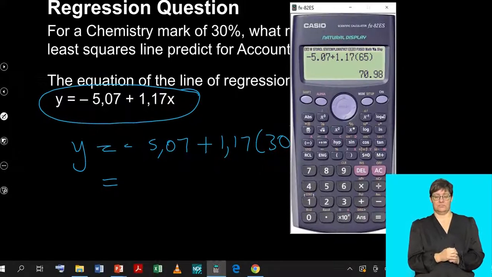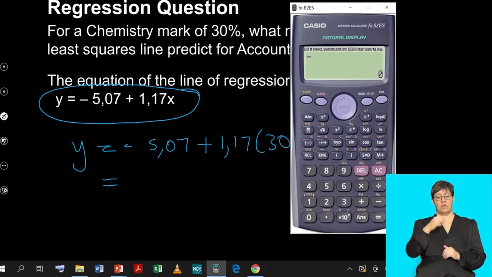So I put this on my calculator: minus 5.07 plus 1.17. Remember, this is the line we calculated using our calculator, and we're given now that chemistry is 30.